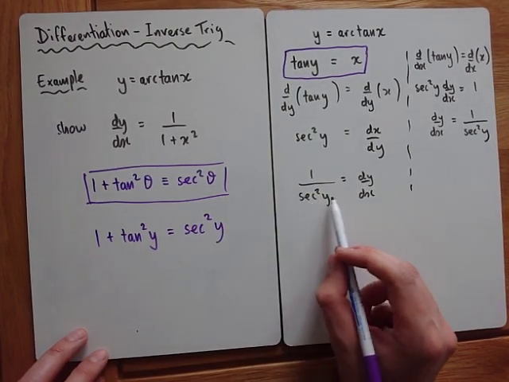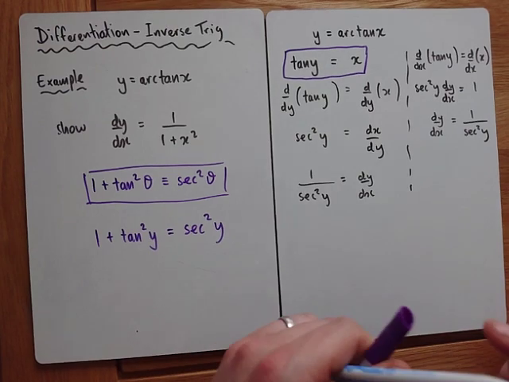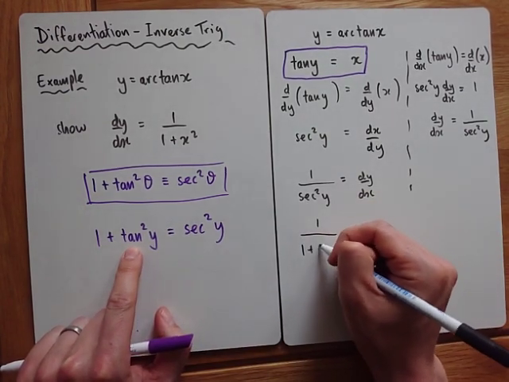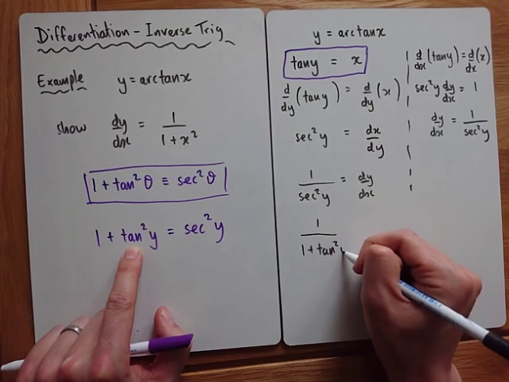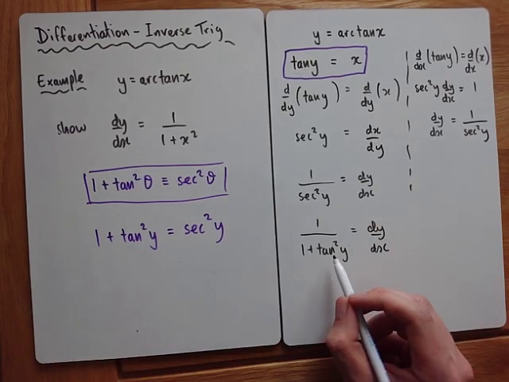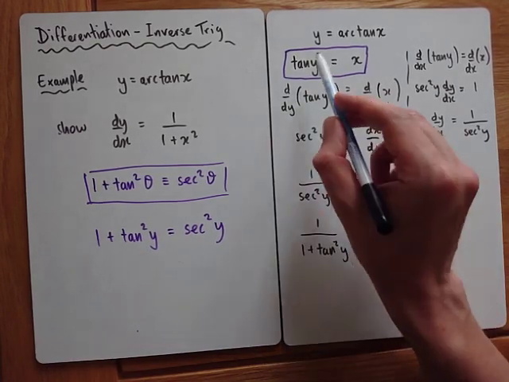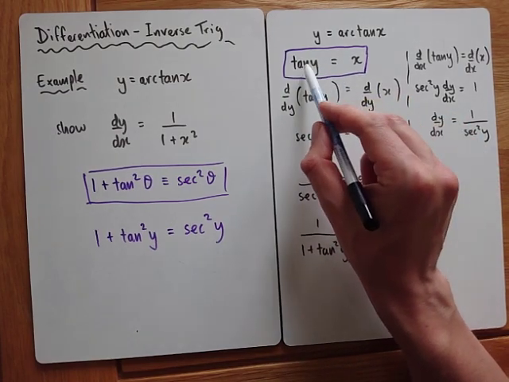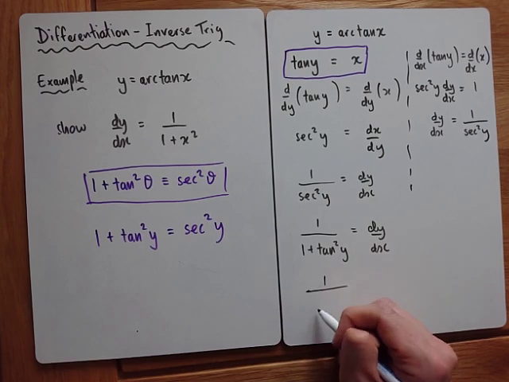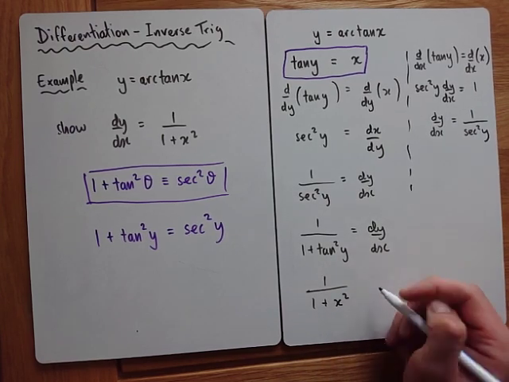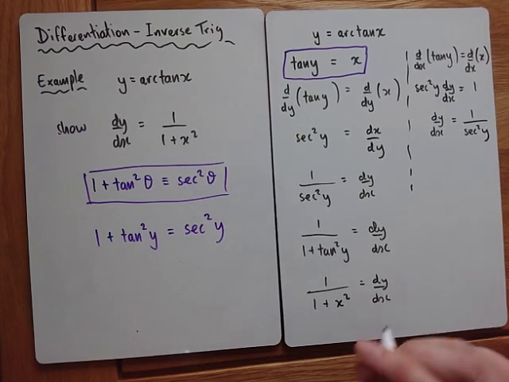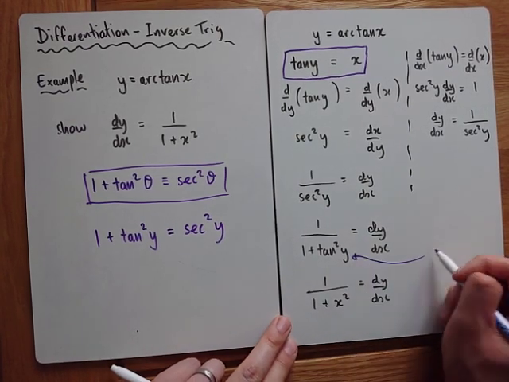So on the bottom there, that sec squared y, I can write as 1 plus tan squared y. And then we're almost there, aren't we? Now we've got tan. We know that tan y equals x, so tan squared would just be x squared. You might want to highlight that when you're showing where the answer comes from.